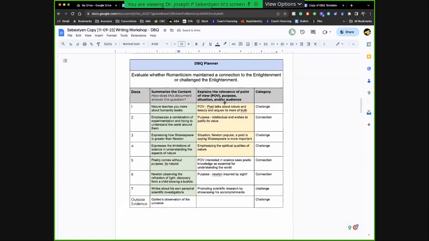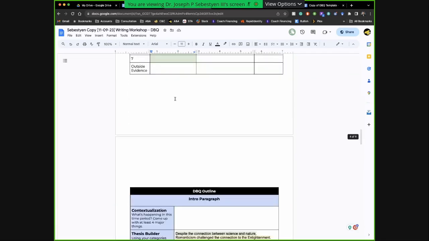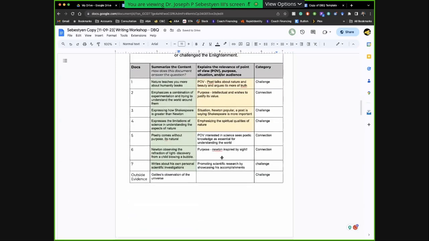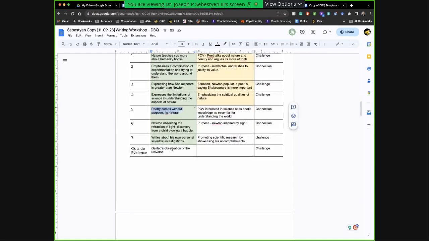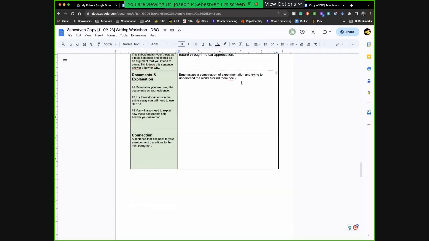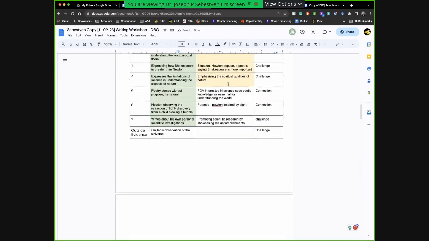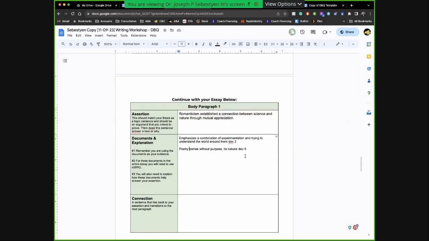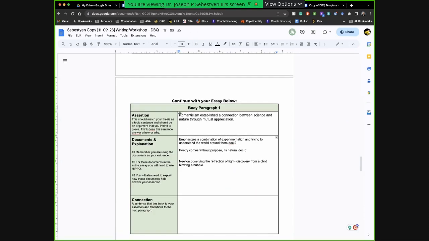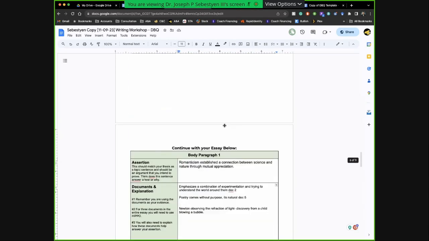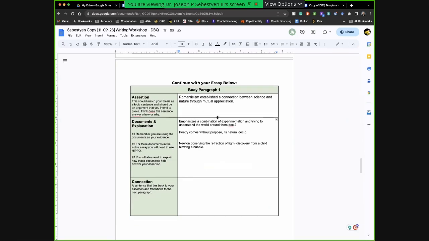So we have document 2, document 5, document 6. Okay, so far so good. Questions yet? I just didn't bring it down yet. Okay. So romanticism established a connection between science and nature through mutual appreciation.